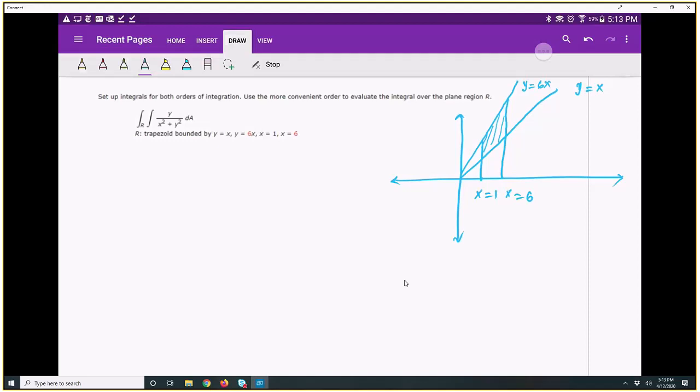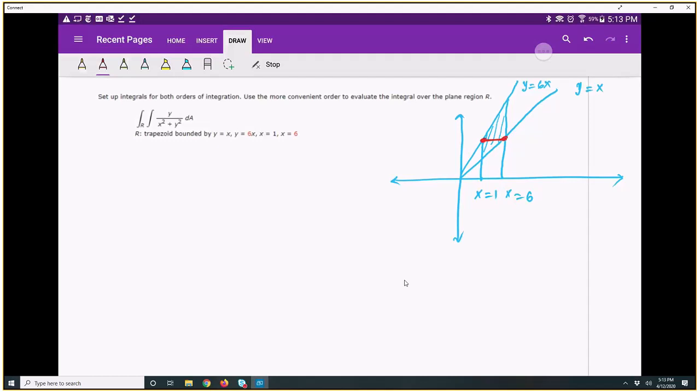Now, when I'm trying to find the volume of this thing, as I said, I can either integrate y first or I can integrate x first. If I'm integrating with respect to x first, I have to be a little careful. Why? Think about abscissa-wise, you have two different portions of the volume that you are interested in.